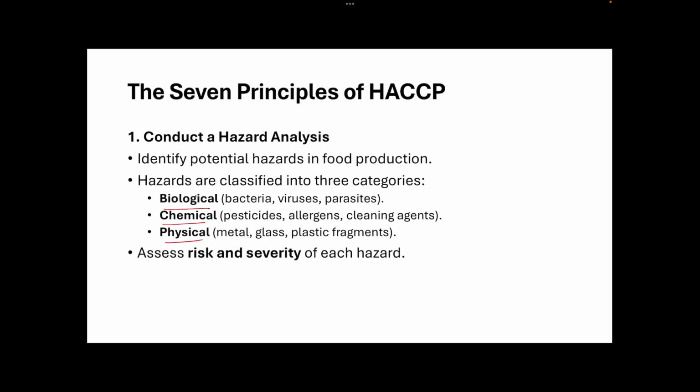Biological, such as bacteria, viruses, parasites, fungi, mold. Chemical could be pesticides, could be allergens, cleaning agents, antibiotics, or whatever. Physical could be a piece of glass, metal pieces, anything that is not supposed to be there, physical substance that is not supposed to be there. That could be hazardous.